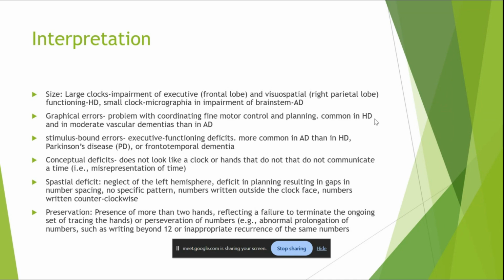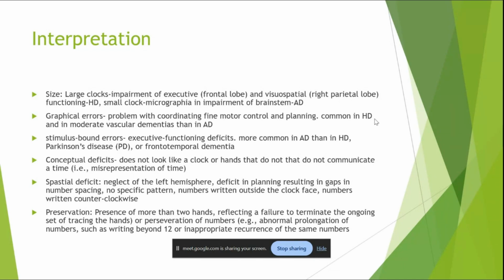Also, the graphical error. This is when there is a problem with coordination of fine motor control and planning. This can also be seen in vascular dementia and Huntington's dementia more than Alzheimer's.